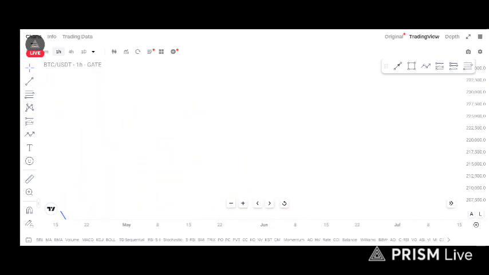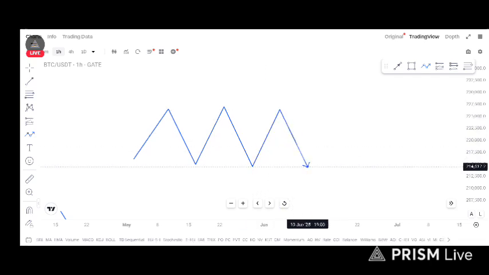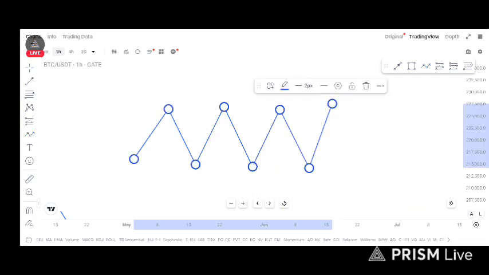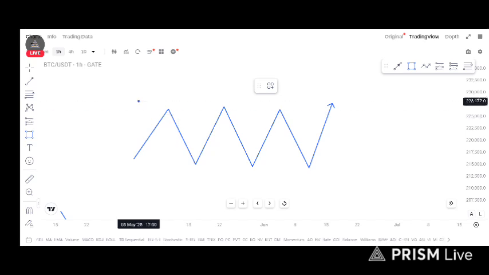So now let's go to a ranging market. A ranging market is not that important to us, but we are still going to talk about it. This is a ranging market, a market that is just going sideways. Why is it going sideways? Because there is a presence of support and resistance.